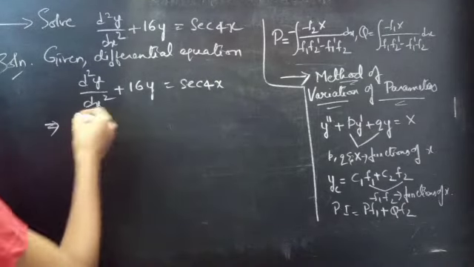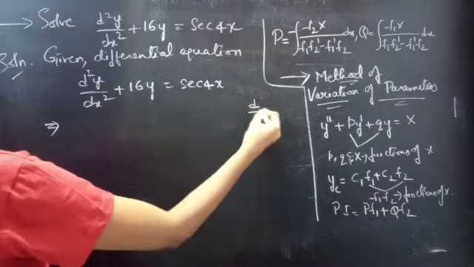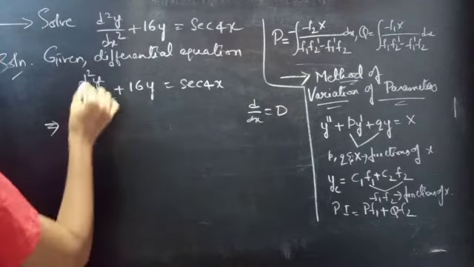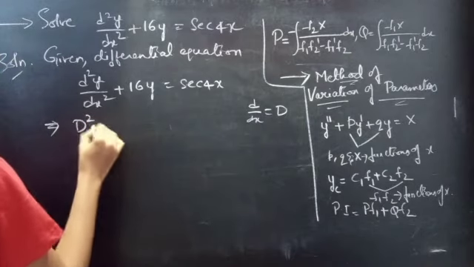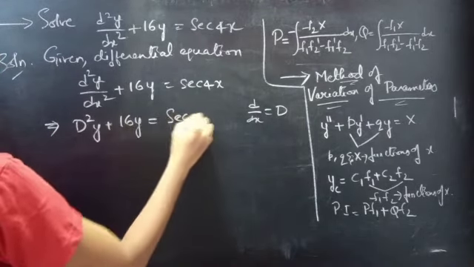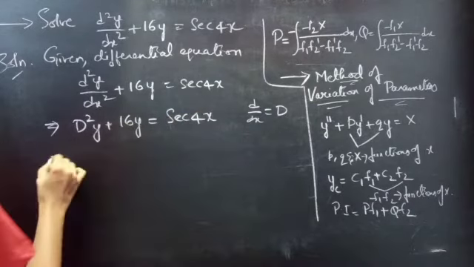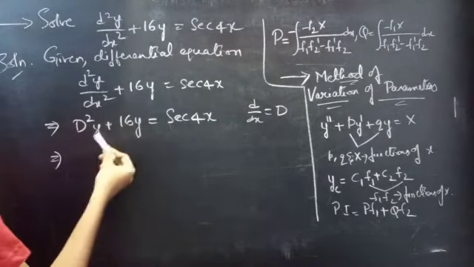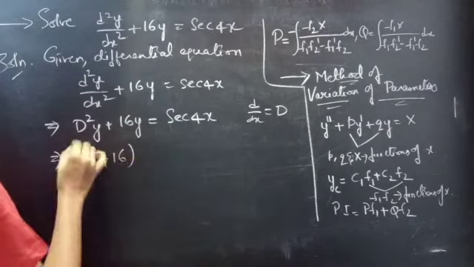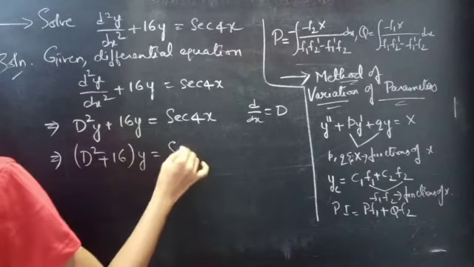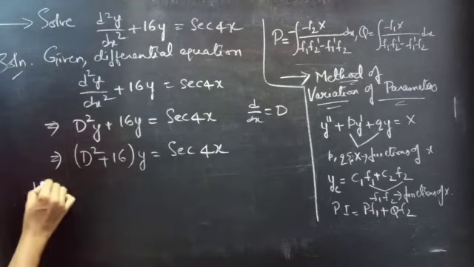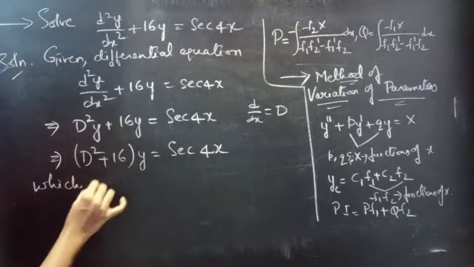Then we can write it in operator form, since we know that d by dx equals capital D. Then you can write this as D square y plus 16y equals secant 4x. Then take y common from these two terms, you'll get D square plus 16 into y equals secant 4x, right? Which is in operator form.